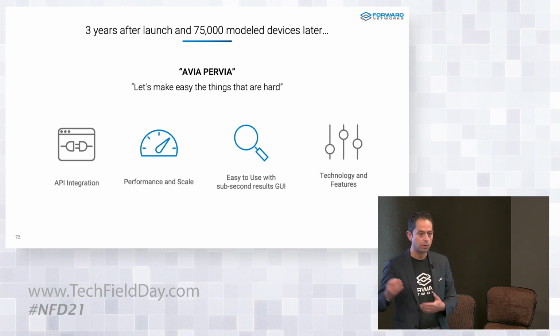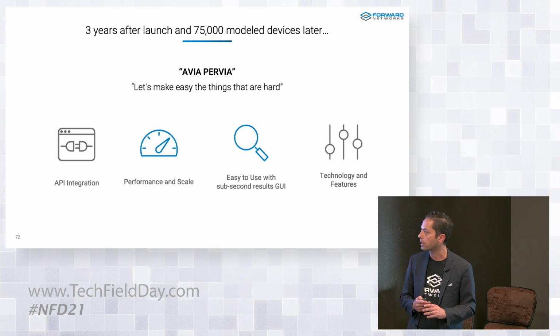You ask for a host, we are going to return that host, whether it's Cisco, whether it's Arista, whether it's Juniper. We discover that host, it's ready for you, okay? So these are the key differentiators I believe we really obsess over, okay? We are obsessing over these 4 points.